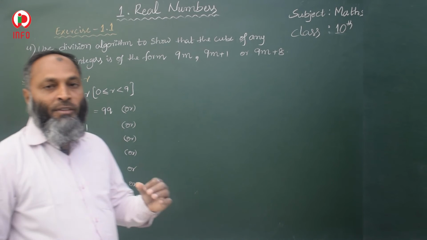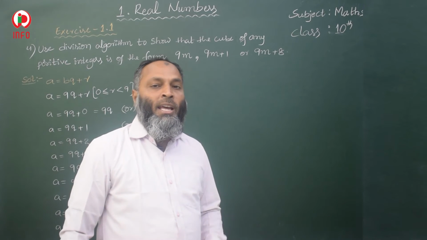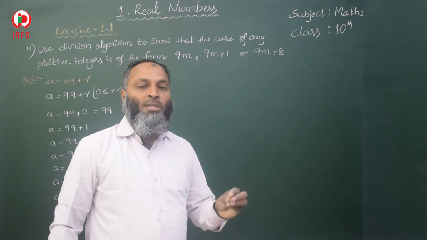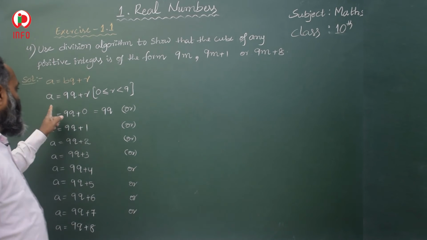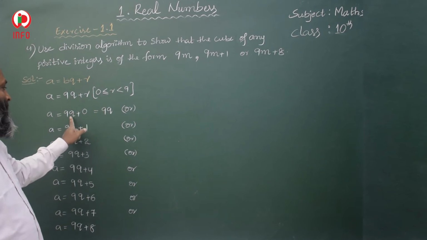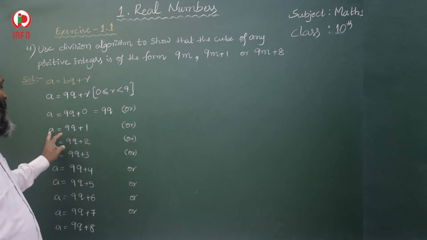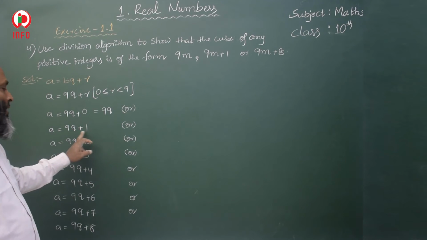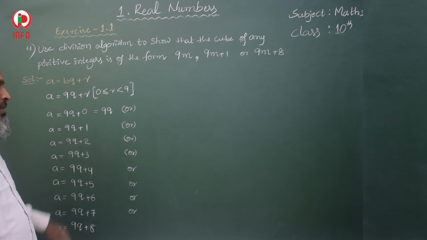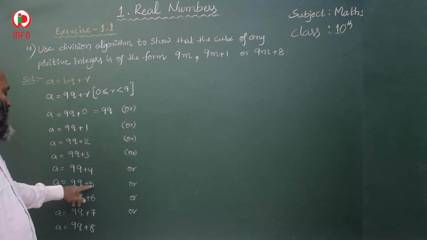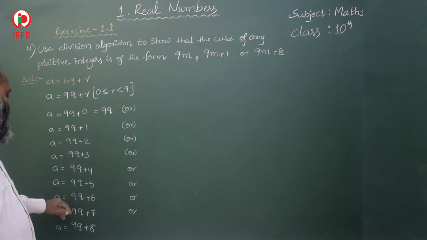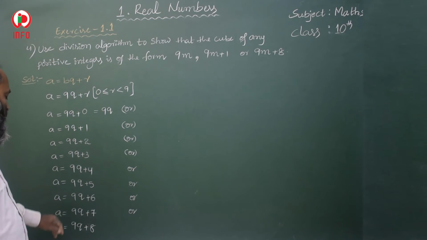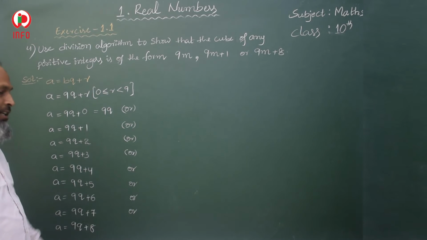Why? When we divide by 9, you will get 9 remainders, from 0 to 8. When the remainder is 0, then 9q plus 0, that is 9q. When the remainder is 1, then 9q plus 1, and so on up to remainder 8, 9q plus 8.